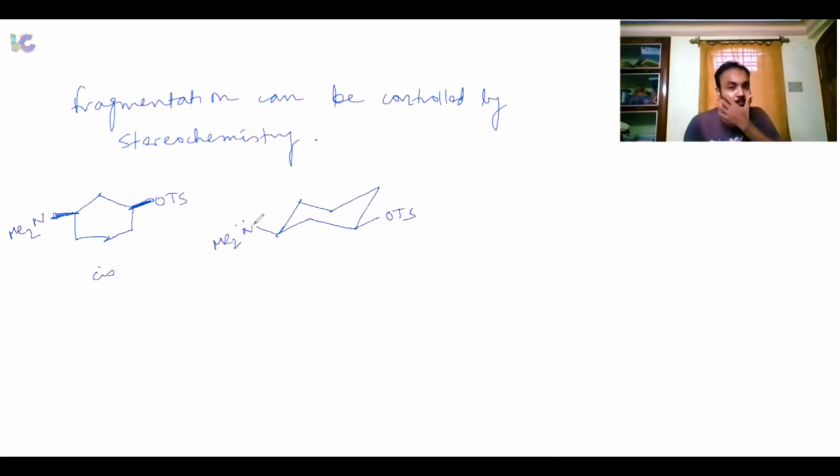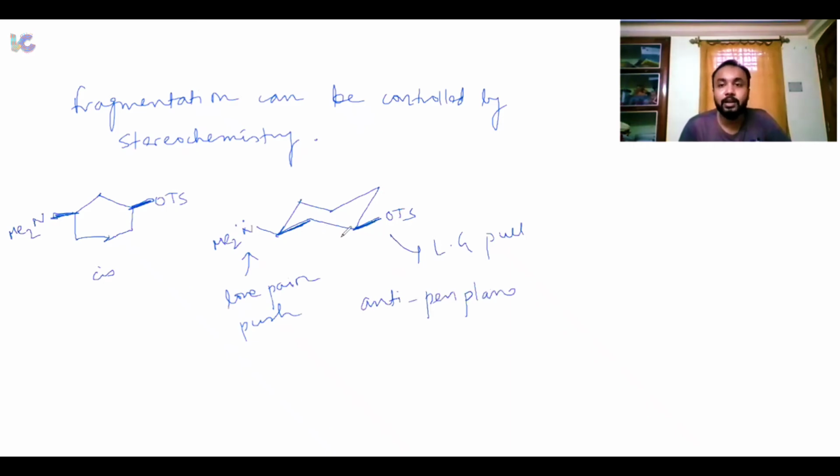We can see that here we have a lone pair push, and here a leaving group pull. The leaving group bond and this bond must be anti-periplanar.